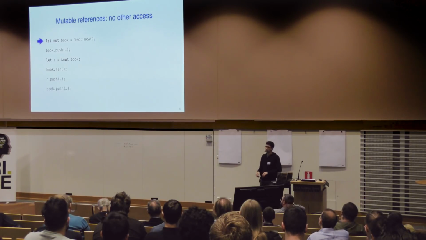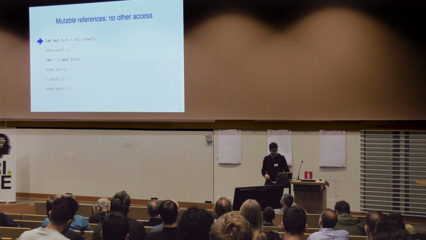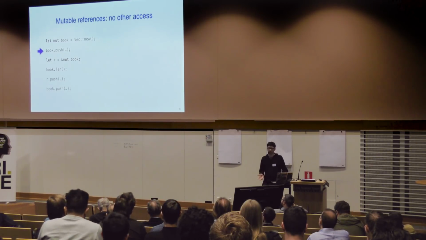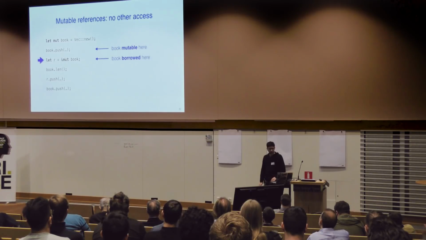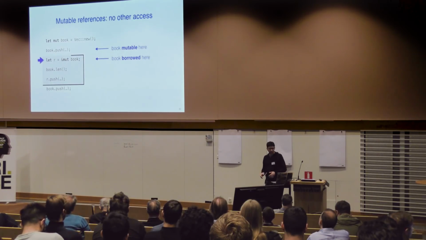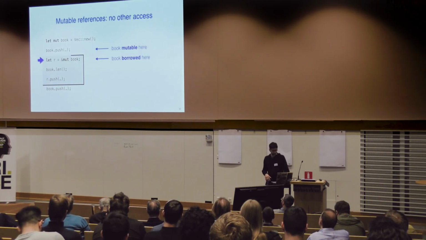this kind of similar example here, I've got the different lines of code. We'll see how it plays out, right? So the variable book starts out as mutable, same as before. But when I make the shared borrow, right here, we will again analyze how long this reference is in use. And in that period, we're just not going to allow access to the book variable.